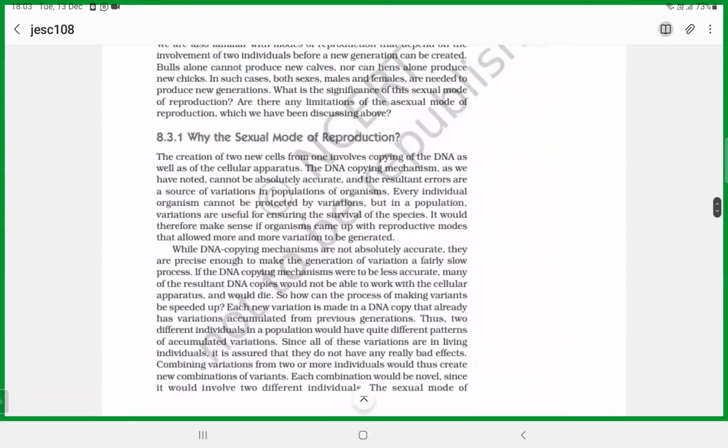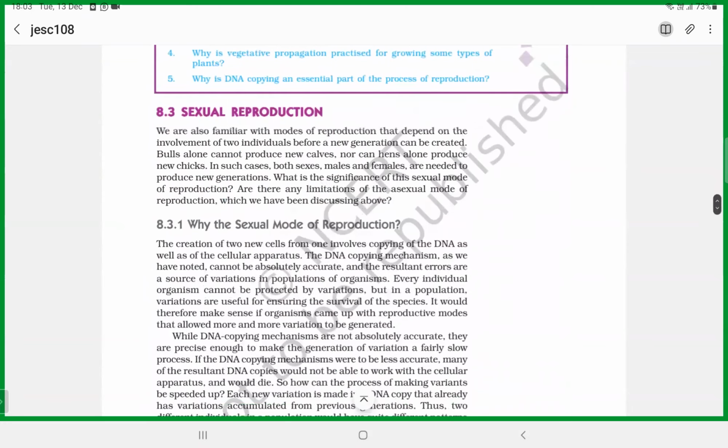So today we will be starting with sexual reproduction. Okay.